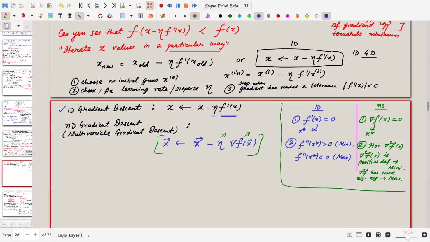Now I asked you a simple question last class: if I go to n dimensions, how does gradient descent look? You told me that x will now be a vector, because it is in n dimensions.